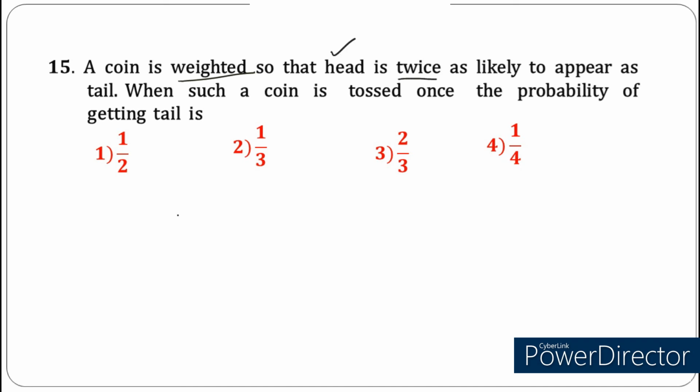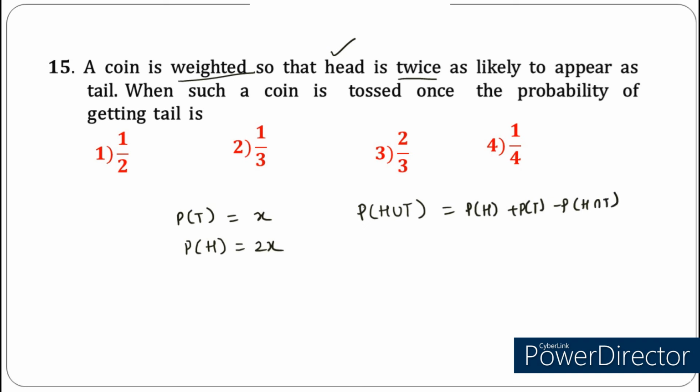It means if the probability of tail is x, the probability of head is nothing but 2x. Now if you toss a coin, either you will get head or you will get tail, right? So probability of head or tail is that's nothing but P of h plus P of t minus P of h intersection t, right?